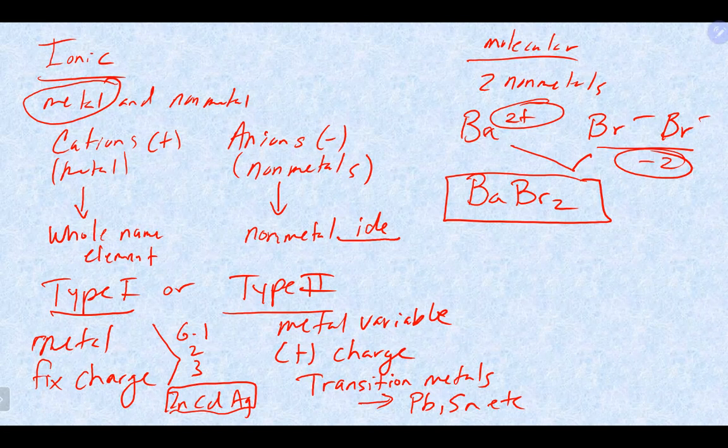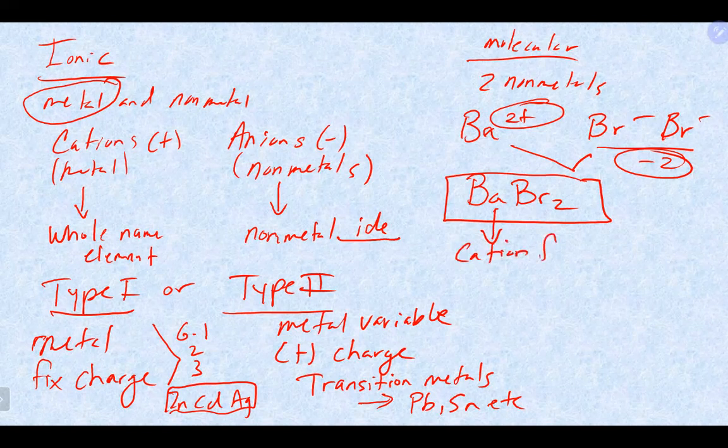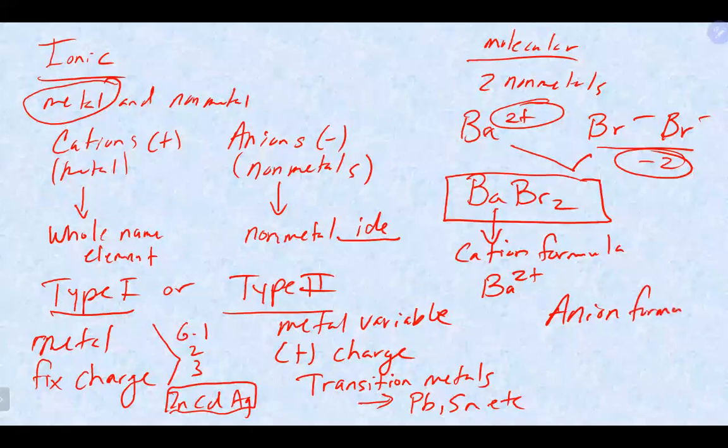So if you were asked to write the formula for the cation here, it would be Ba2+. And if you were asked to write the formula for the anion, it would be Br-. It would not be Br2- or anything like that. Just Br- would be the correct one.